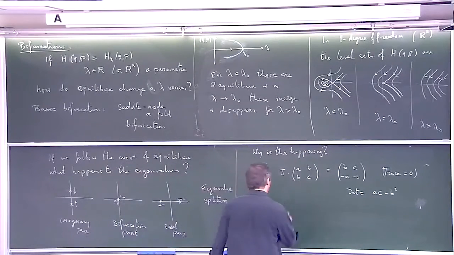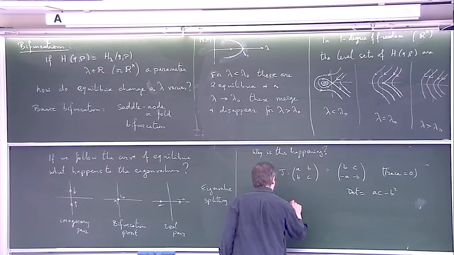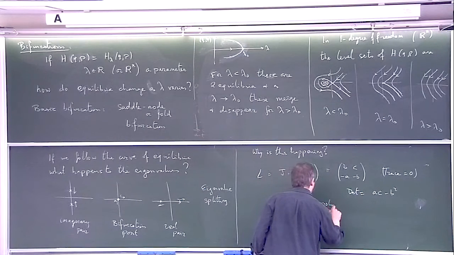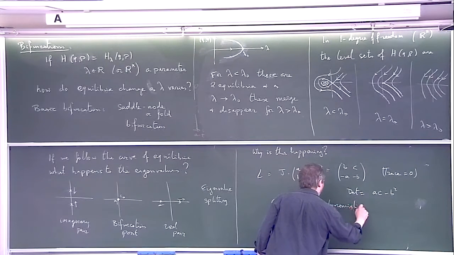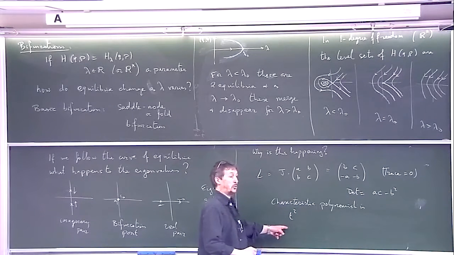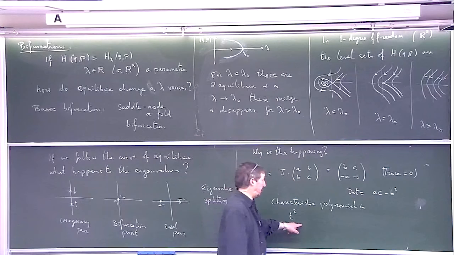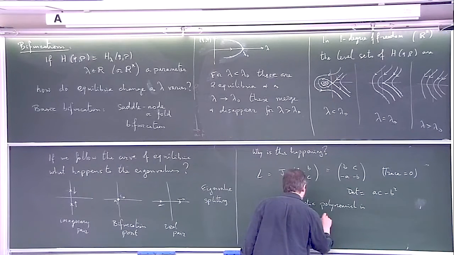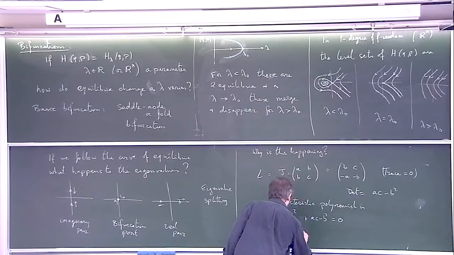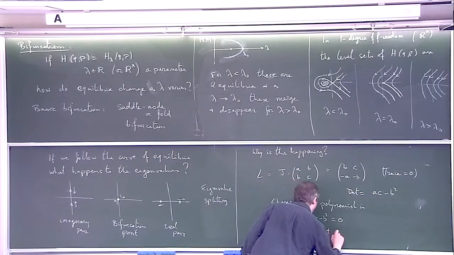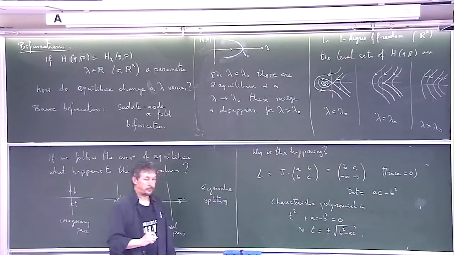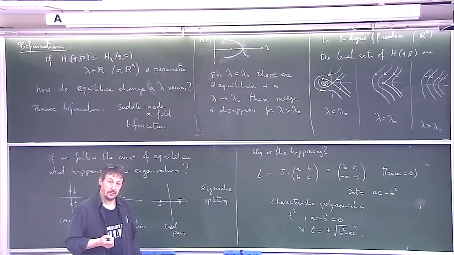So what are the eigenvalues? T squared minus the trace of the matrix times T plus the determinant. So those are the eigenvalues.